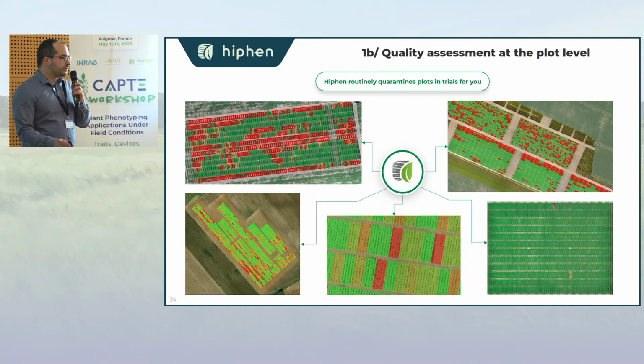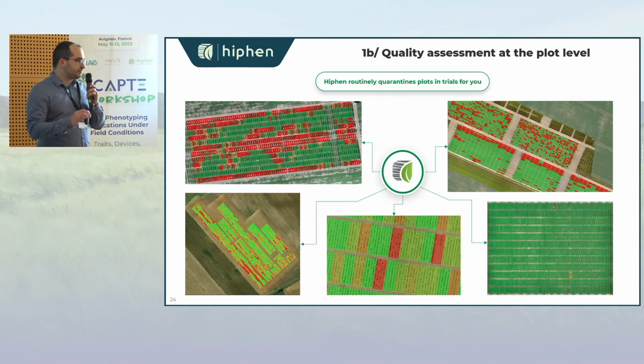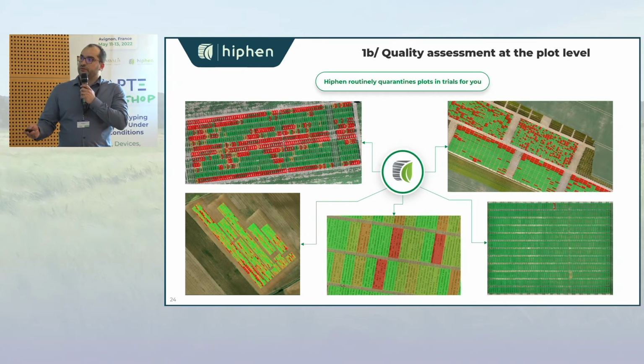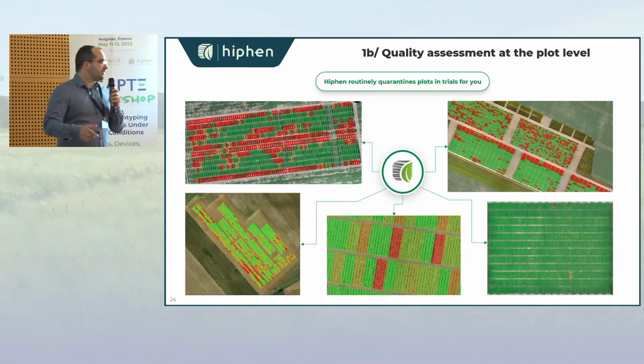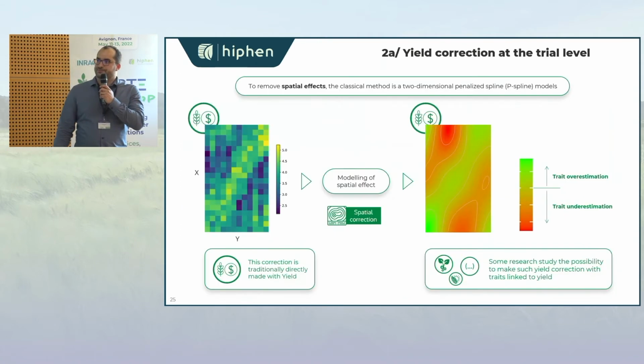We try to give you a kind of quality rating, saying, okay, this microplot looks good, this one doesn't. Sometimes they have great trials, sometimes not that good. And then they take their decisions. This is not up to us anymore. And if you're able to give those data very quickly, they can take their decisions during the growing season, and they can better manage their trials at all levels.